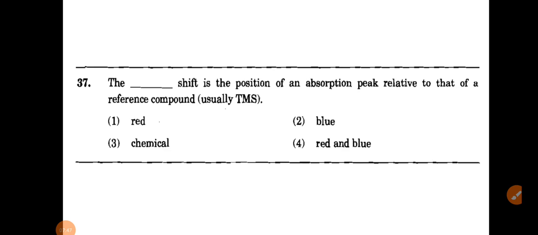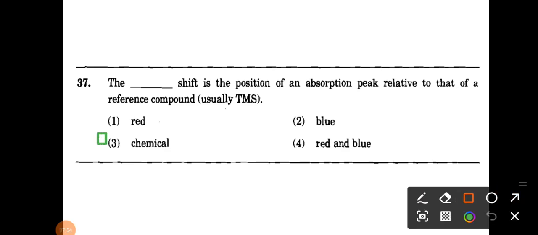And according to NMR, from the options, the answer is only the chemical shift, right? What is the answer? Chemical shift. That is nothing but the delta. In NMR, delta is used for the chemical shift.